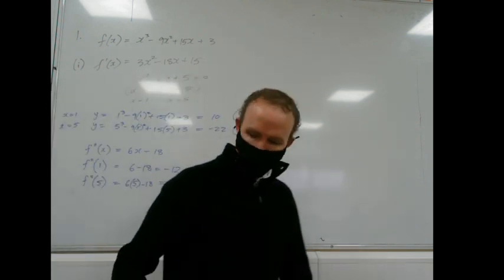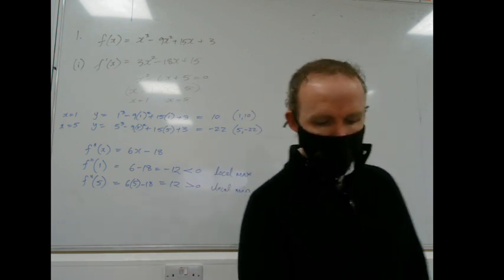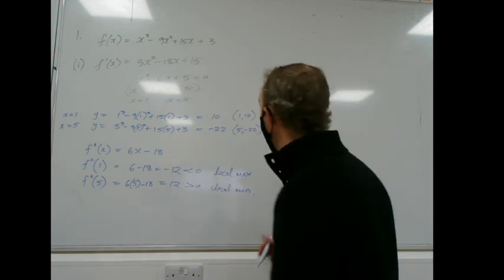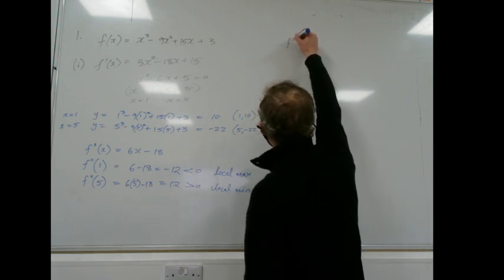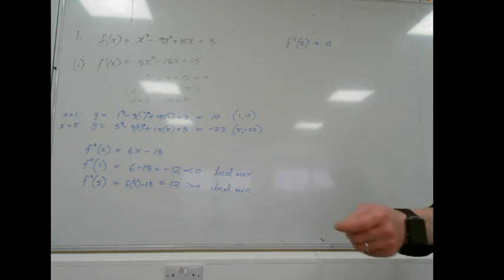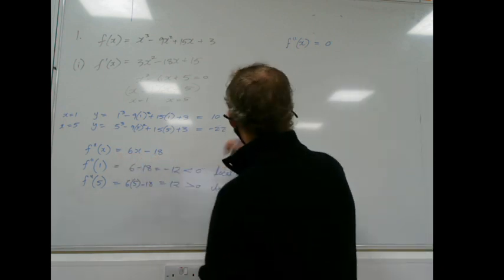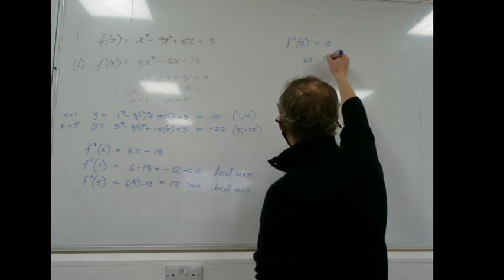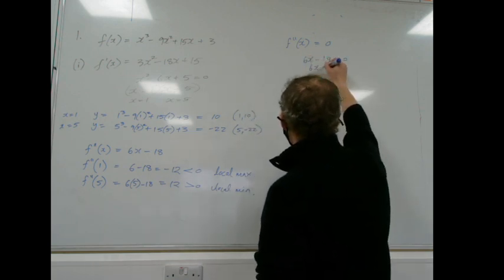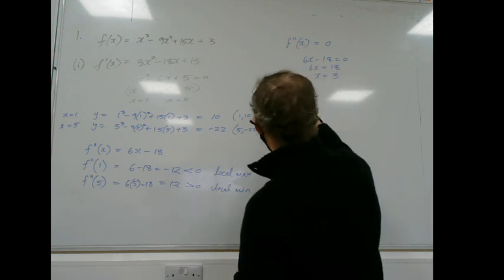Now the next part: find the coordinates of the point of inflection. So point of inflection test again. Well, f double dash of x equals 0 to find the point of inflection. So we set f double dash of x, 6x minus 18, equal to 0, so x equals 3.